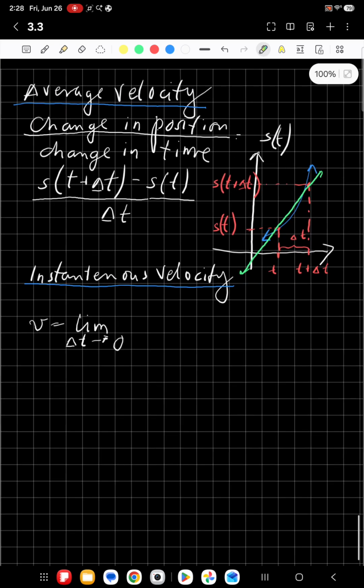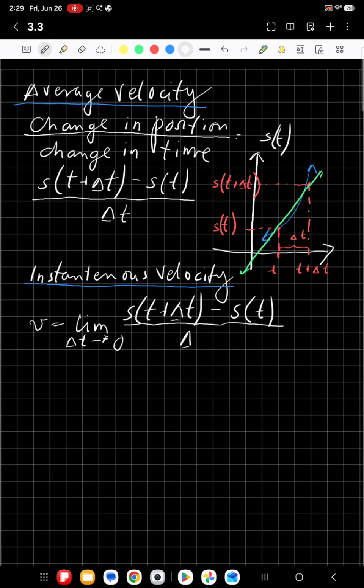Then I have the same formula, s of t plus delta t minus s of t over delta t. So this is the formula for instantaneous velocity.